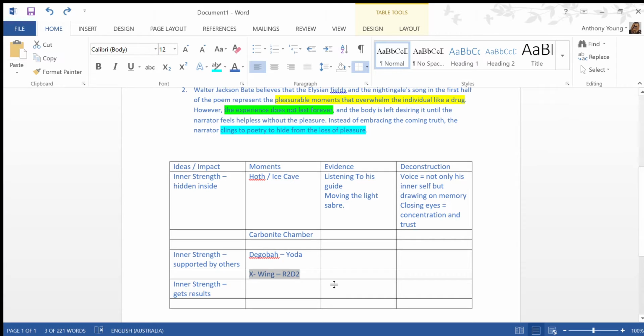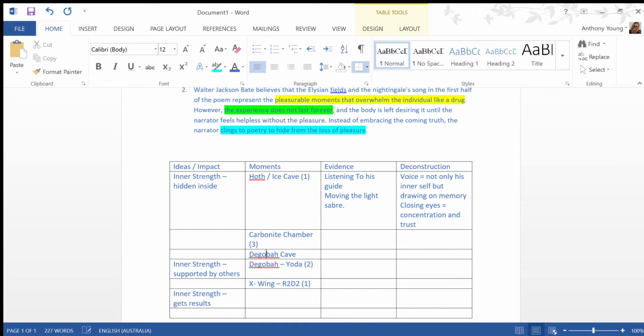If I hadn't, I could just do this and go, this is idea number 2 in that sequence of paragraphs, and this is idea number 1. I want to include here the Dagobah caves, so I'm going to do this one as number 1. That's going to come third. And this is going to be second. And that allows me to see the sequence I want to deal with them in.